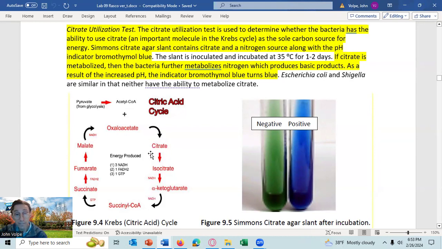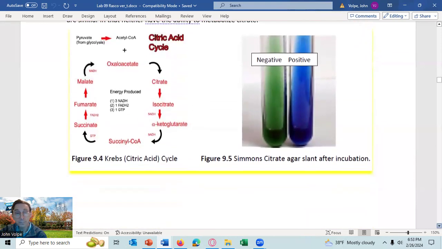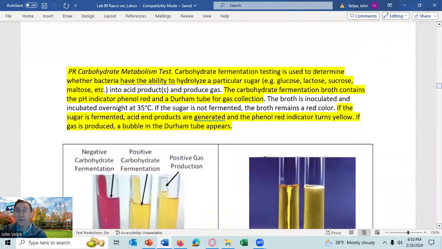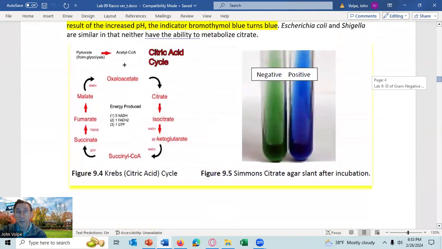But if it can, it'll be citrate positive. And if it doesn't have the Krebs cycle in it, then it cannot use citrate, metabolize it. All right, any questions about the citrate utilization test?